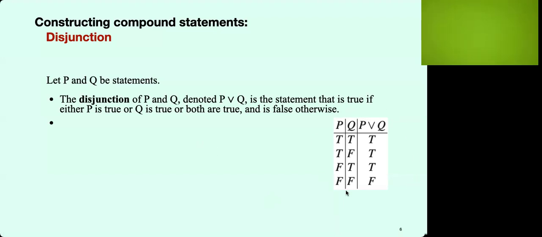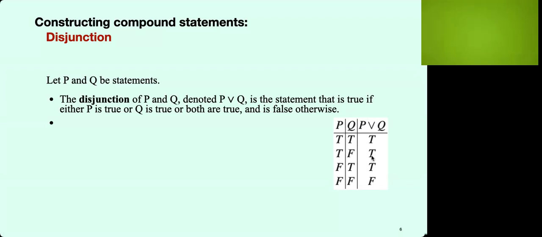So that's what's being conveyed over here in this truth table. In this first row of the truth table, we have that P is true, Q is also true, and the or, the disjunction, is true in this case, according to the definition. And in the second row of the truth table, we have that P is true, but Q is false.